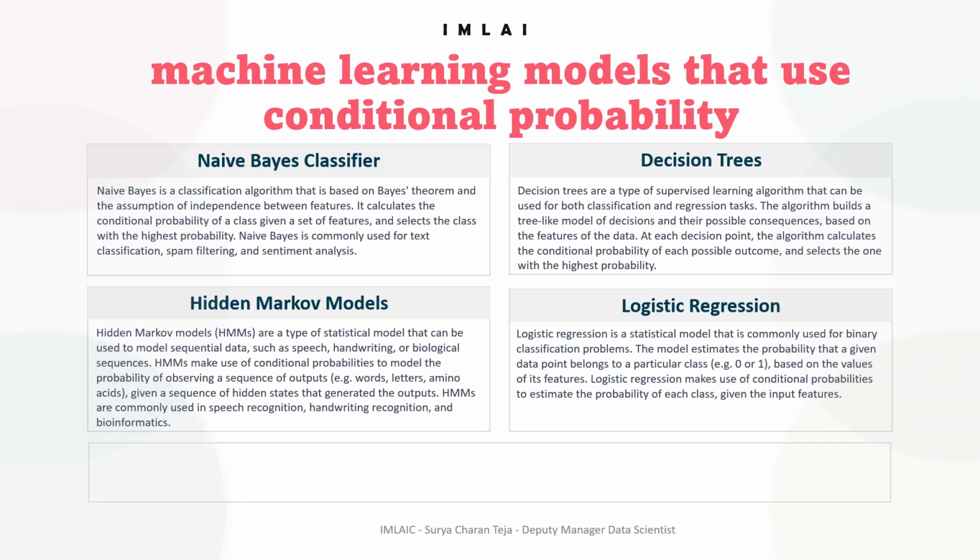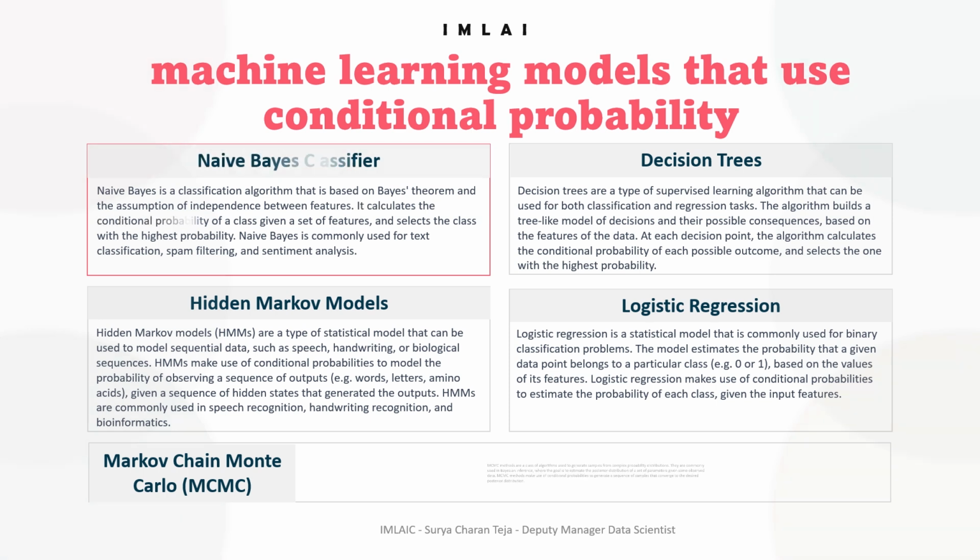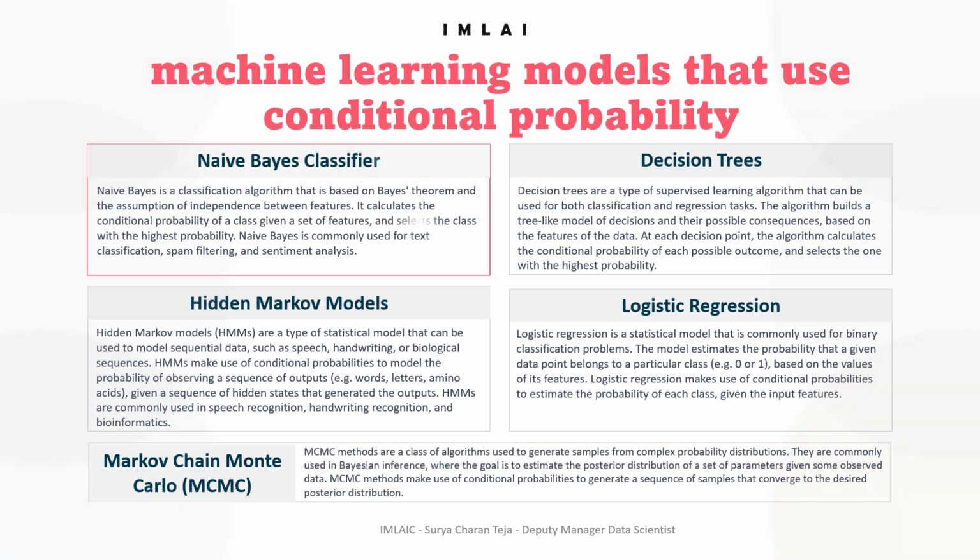Then we have the last one, which is Markov chain Monte Carlo, MCMC. Markov models are statistical models that use conditional probabilities to predict the likelihood of a future event based on the current state.